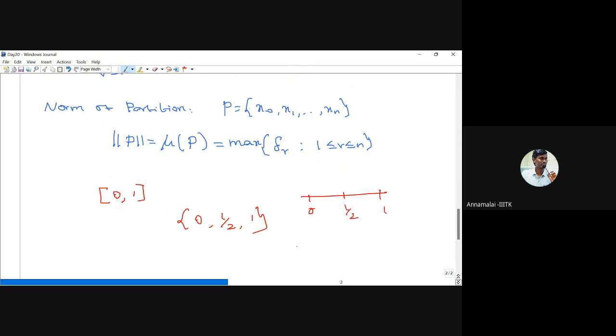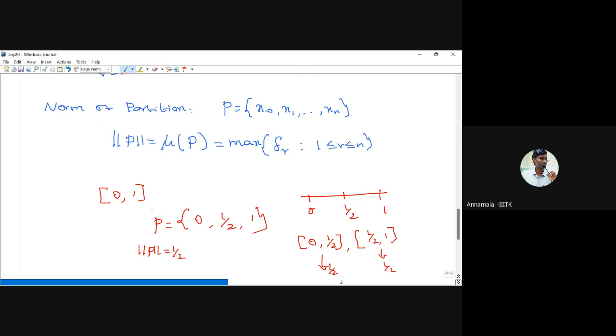One subinterval is 0 to 1 by 2, and another subinterval is 1 by 2 to 1. The length of this is 1 by 2, and the length of this is again 1 by 2, so the maximum is 1 by 2. Therefore, if P is the partition 0, 1 by 2, 1, then the norm of this partition is the maximum length, 1 by 2.